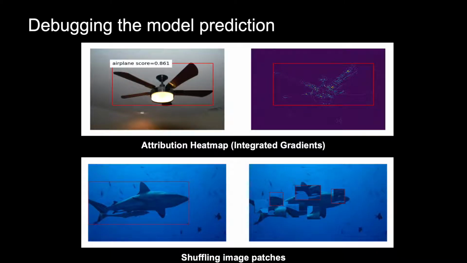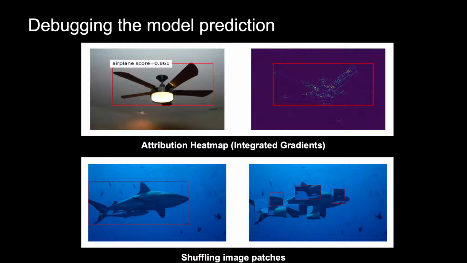So from this, we can see the detection model is relying mostly on pixels within the bounding box and is insensitive to the background context.